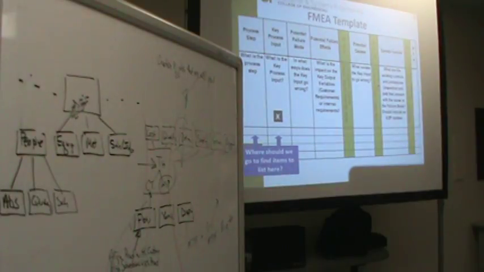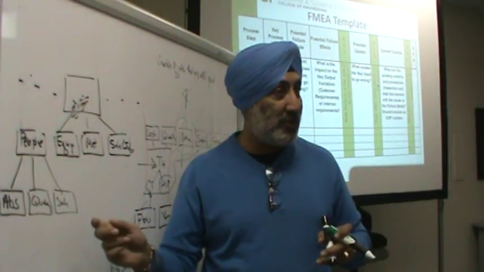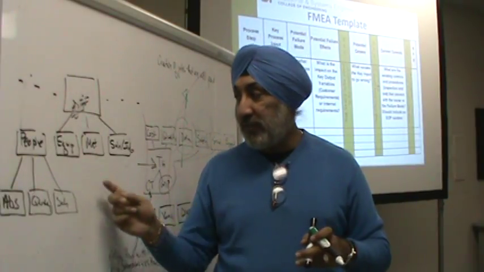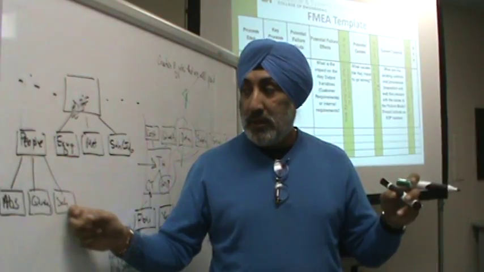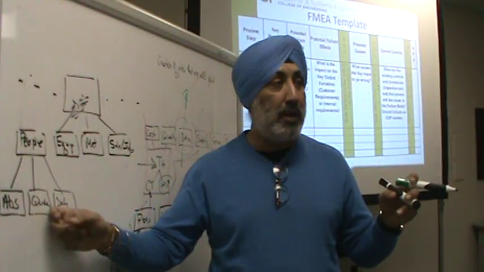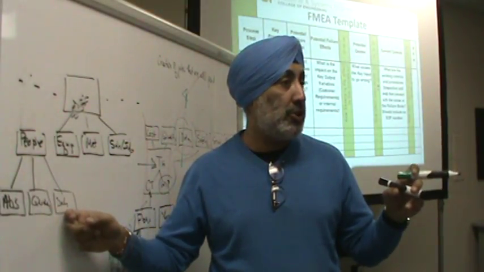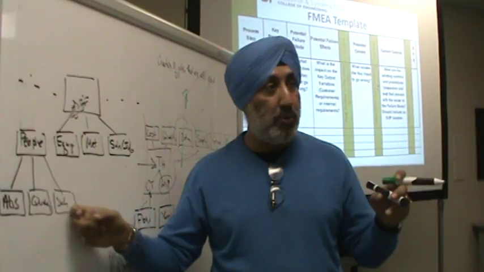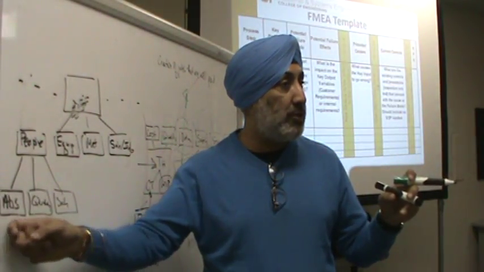Now, what if I could show you mathematically, if you gave me this, watch this. Let's assume each of these has 3 components. Can we do that? That means that people must not be absent, they must not bring quality defects, and they must be able to deliver on schedule. 0.9, 0.9, 0.9. 0.9 times 0.9 is what? 0.81, 0.72.